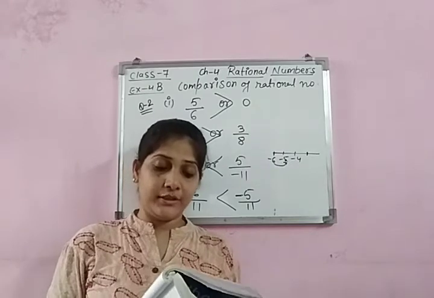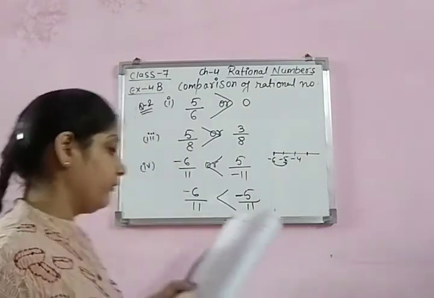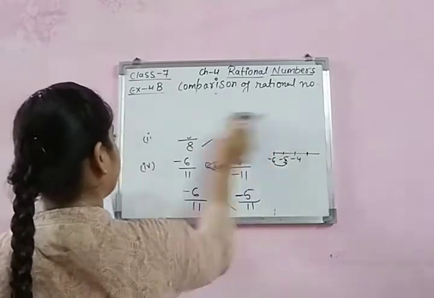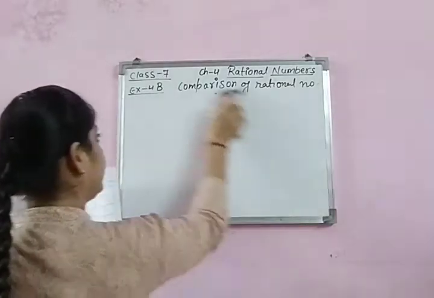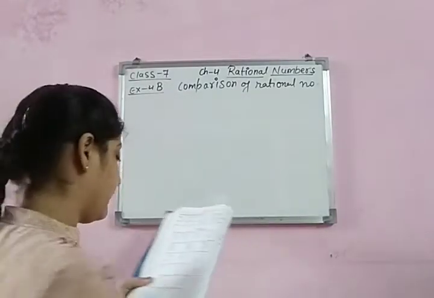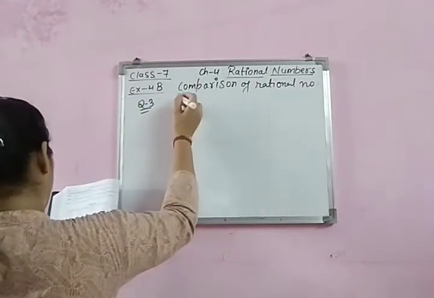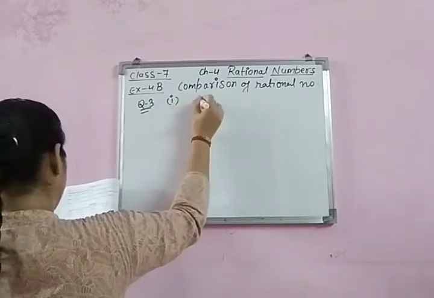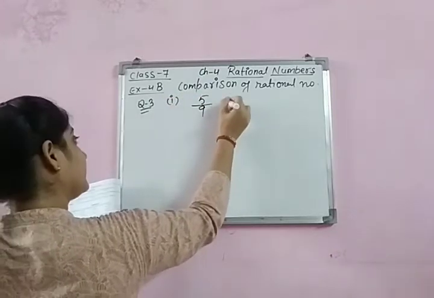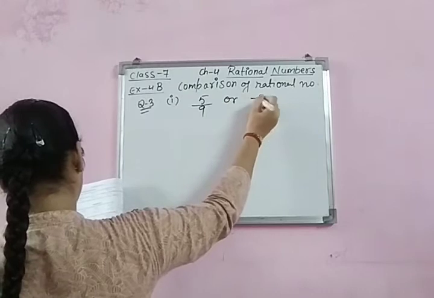In the same way, question number 3, which of the two rational numbers is greater in each of the following pairs? Again, in question number 3 you have to tell which is bigger. But this time, we don't think you can do it directly.